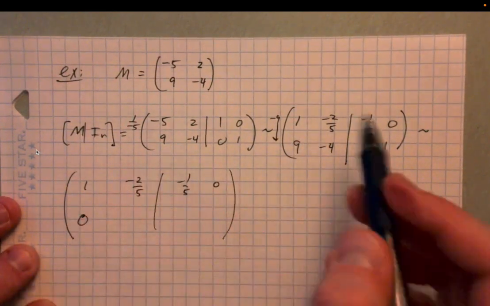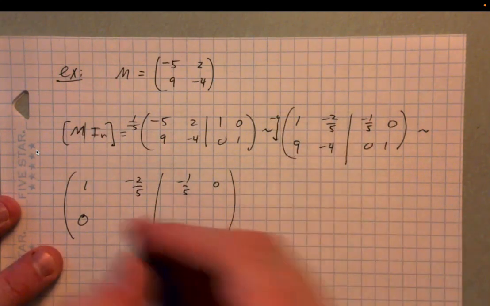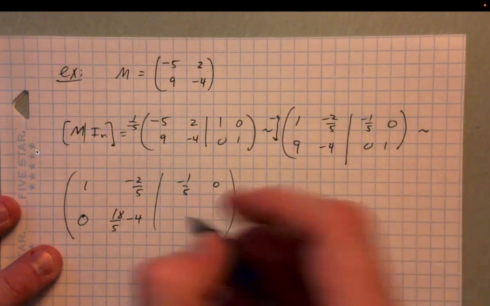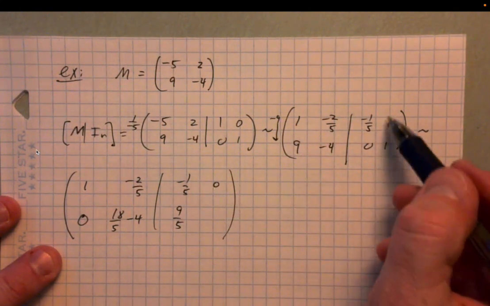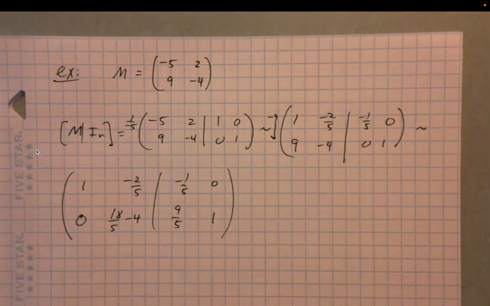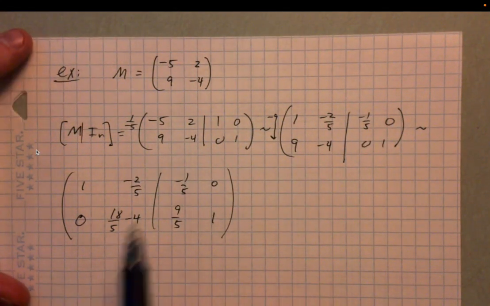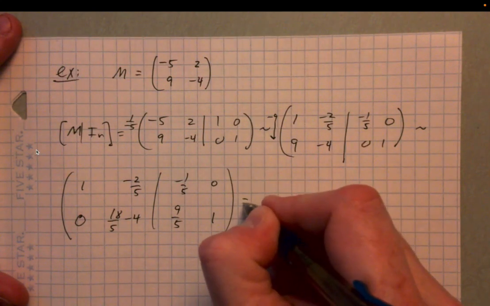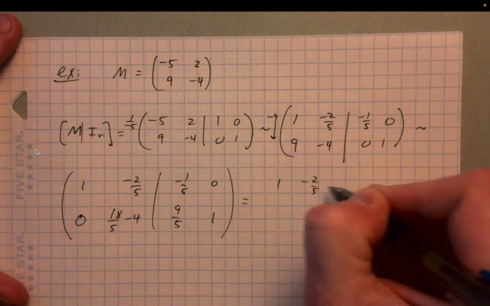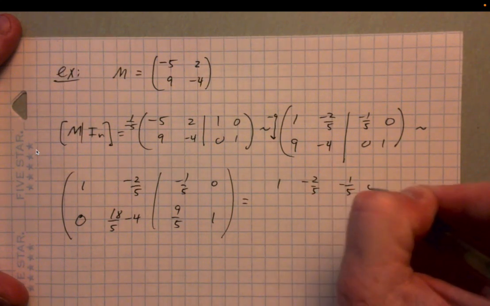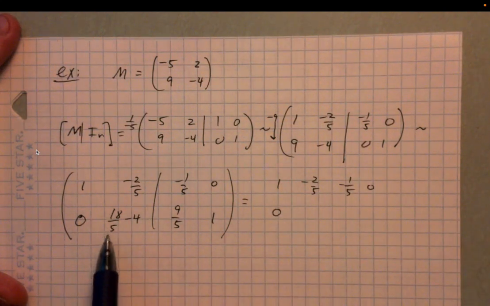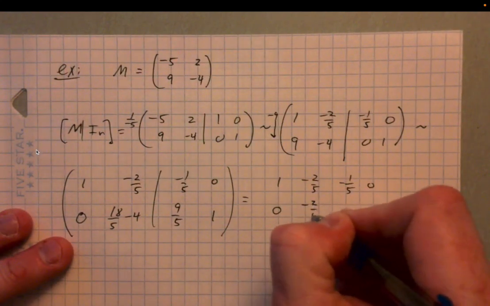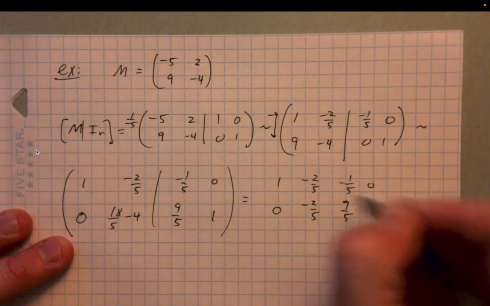And then I'm going to get a 0 here, and then this is going to be 18/5 minus 4, and then this will be 9/5, and then that will be 1. So what is 18/5 minus 4? That's going to be 18 minus 20. So I'm going to rewrite this: 1, -2/5, -1/5, 0, and then 0, and then 18/5 minus 20/5 is -2/5. Then 9/5, and the 1.